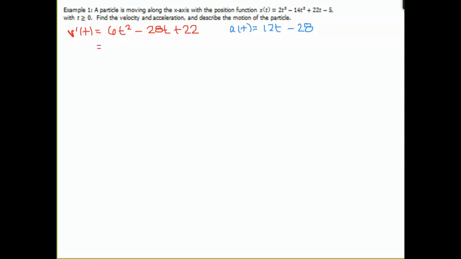So I can factor out a 2 of my velocity equation. And then I'm going to factor. So since I have a positive and a negative, I know both of my factors are negative.